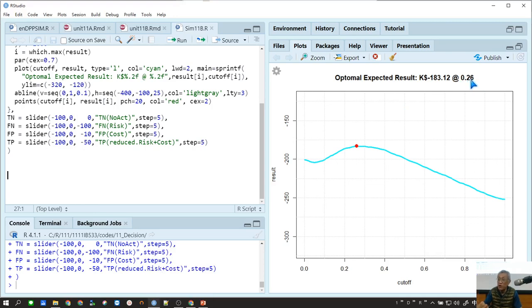It means that we want to take action on those who have a probability of poor care more than 0.26, right? So there are this many people we will take action on, and these people we do not take action on. So what is the cutoff and the result if we take no action at all?